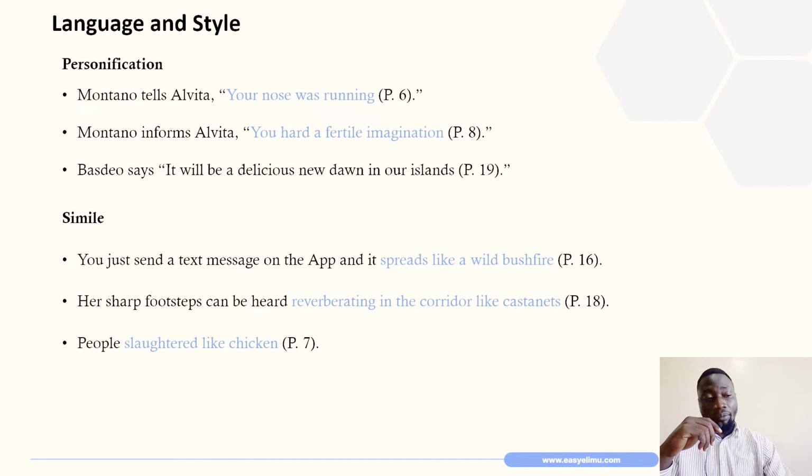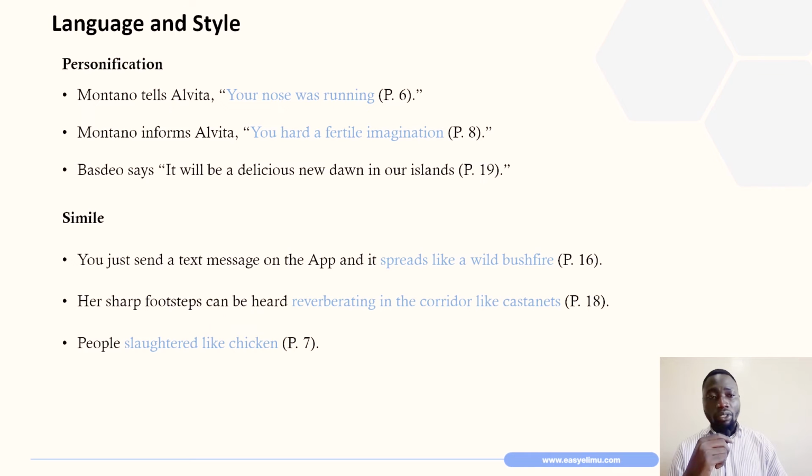Apart from that, we also have another illustration where we are told that people are slaughtered like chicken. We can look at how people normally slaughter chicken before preparing them for a meal, and how there are injustices and people being murdered brutally like animals.